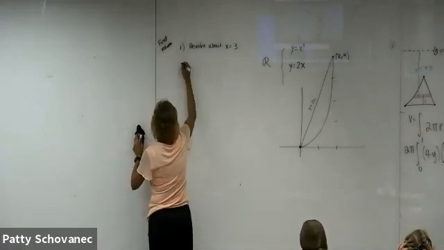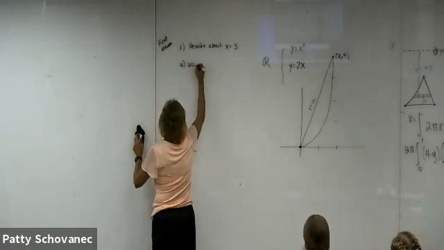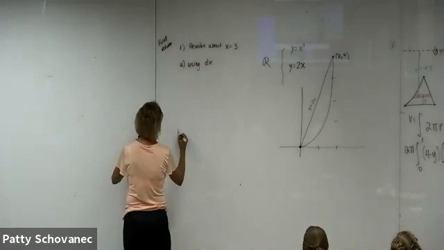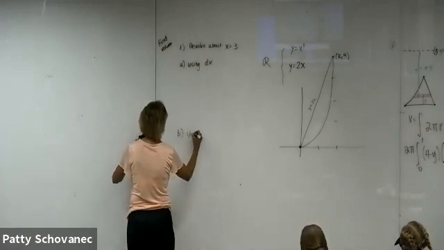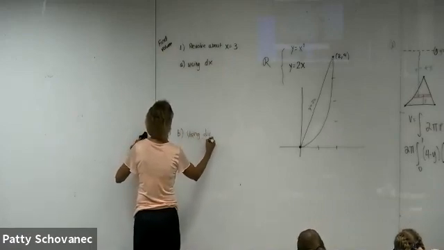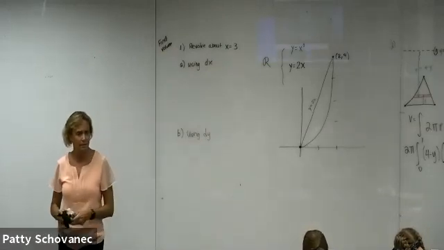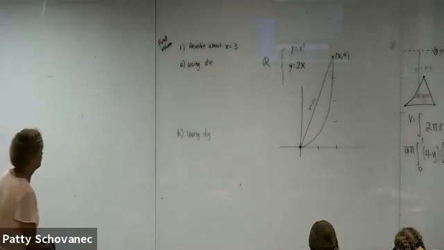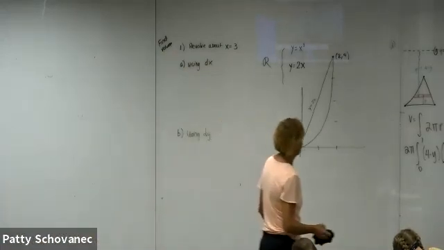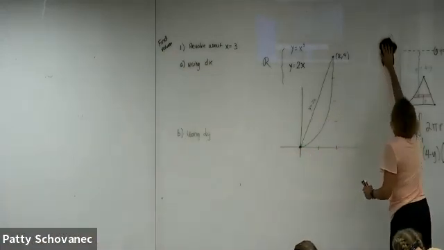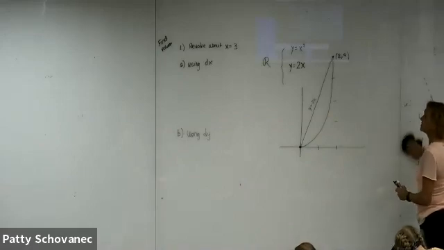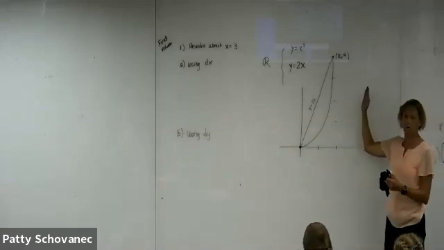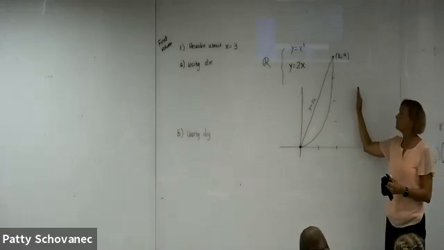In part A, using dx as your plan, and in part B, using dy in your plan. So x is equal to 3 is going to be over here, right?